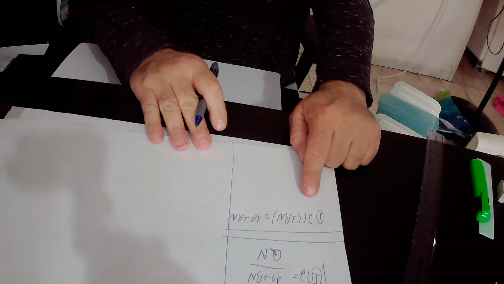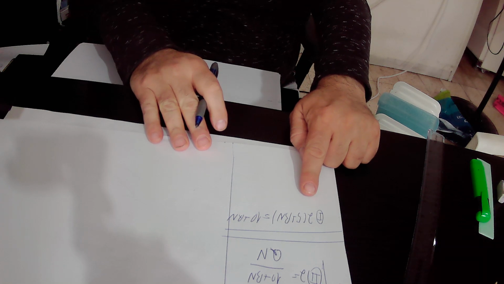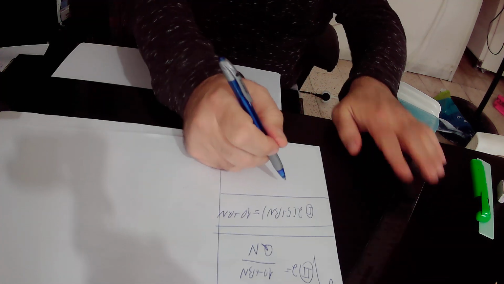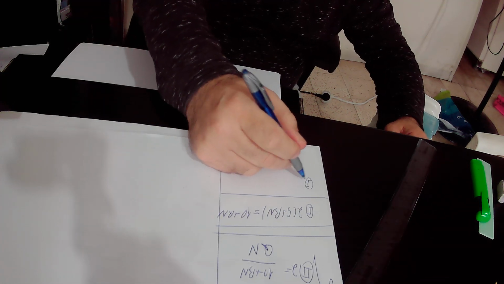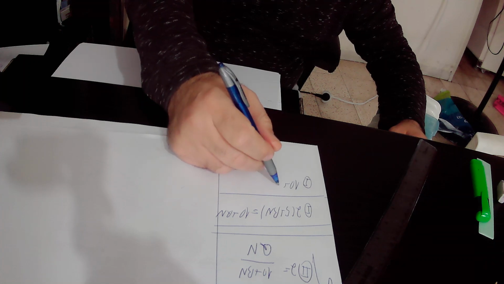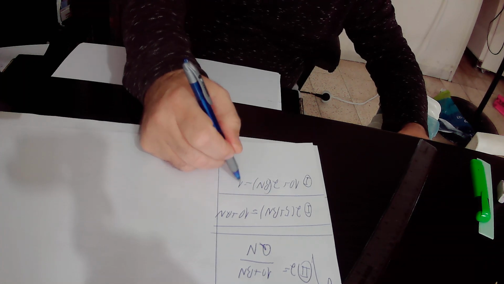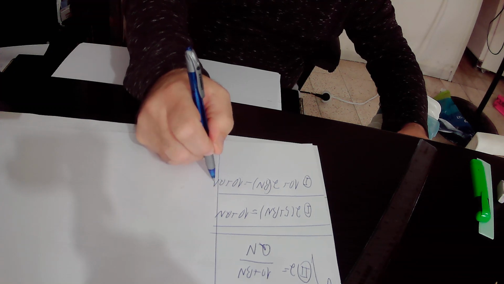Here we'll open the brackets on this side, and we get that 2 times 5 is 10, plus 2 times BN is 2BN, equals 10 plus QN.